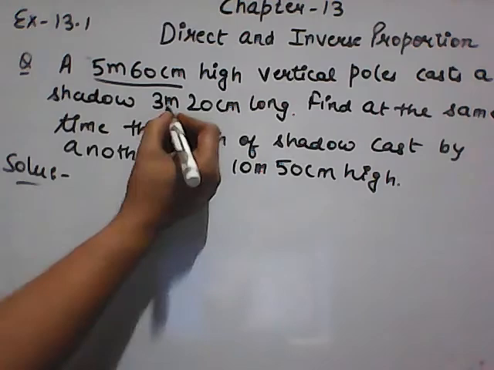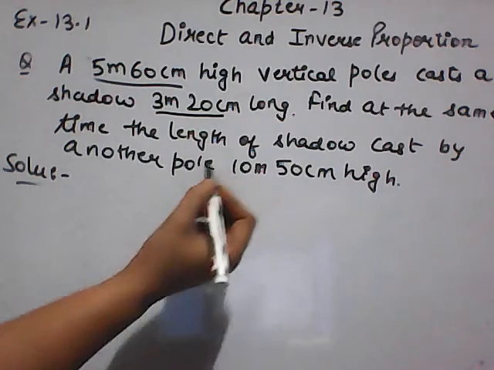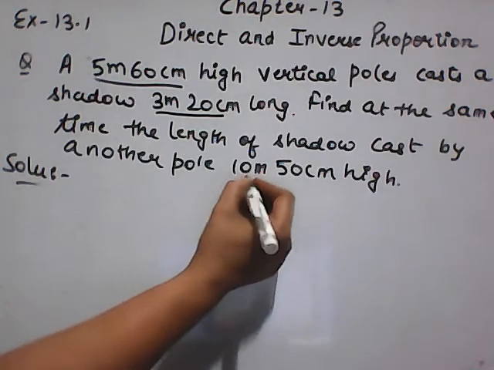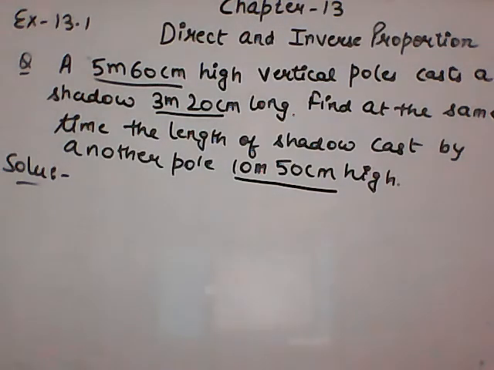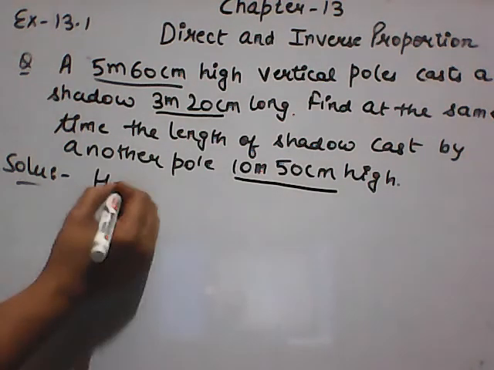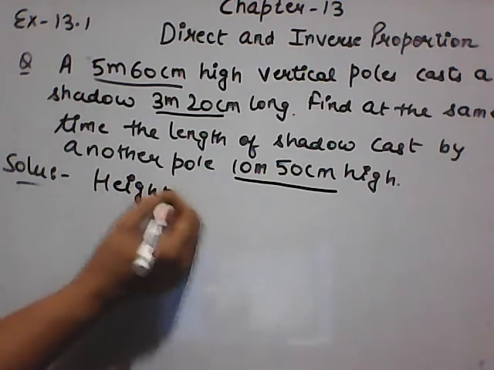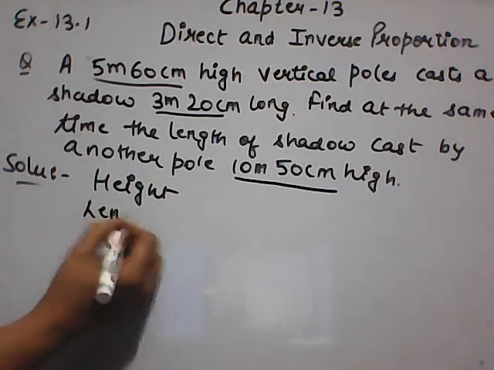It casts a shadow of 3 meter 20 centimeter. Now there is another pole of height 10 meter 50 centimeter. You have to find out the shadow cast by this other pole. Let it cast a shadow of y meter. Here the height of the pole is given to you, and the length of the shadow is also given to you.